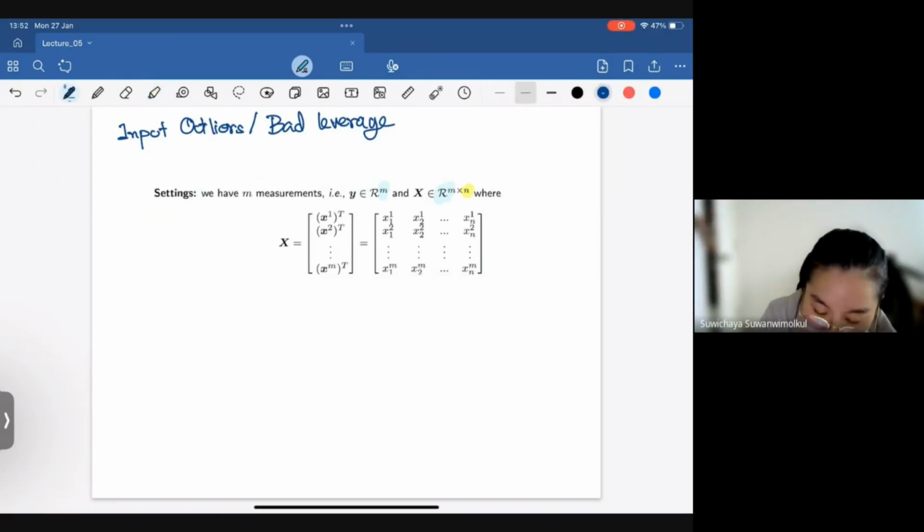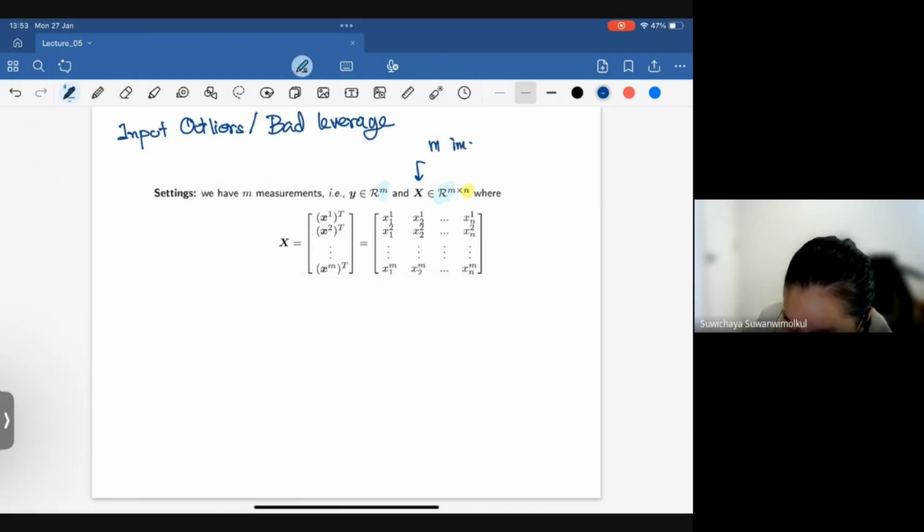Like, if x is images, we may have m images for training, and n is probably equal to 256 squared if our image size is 256 by 256.